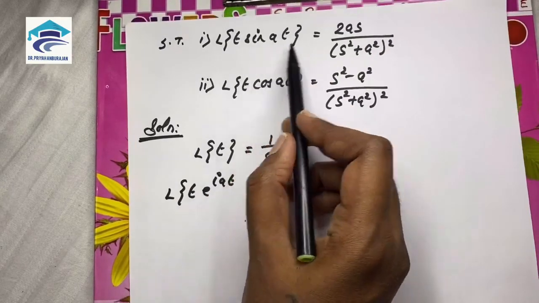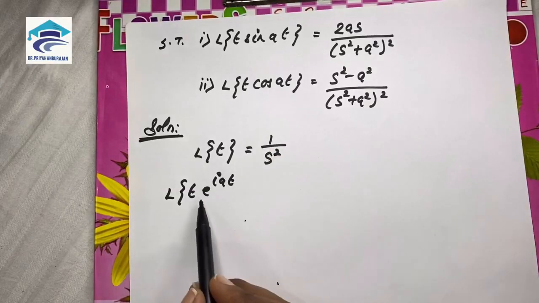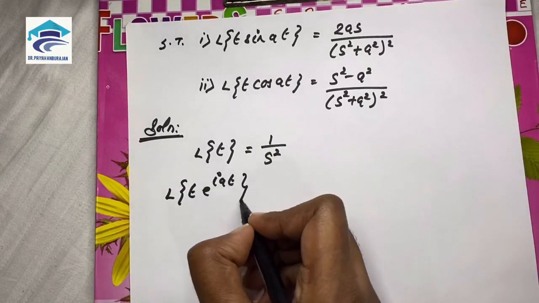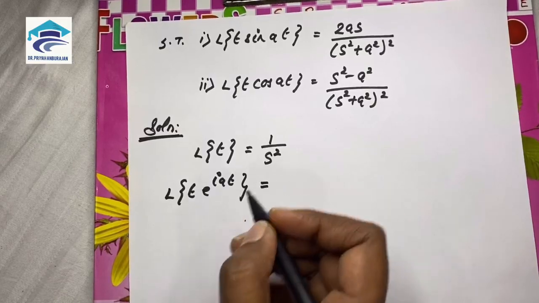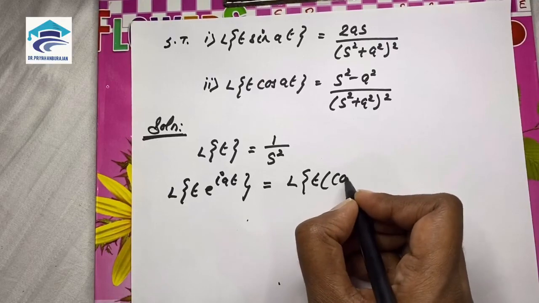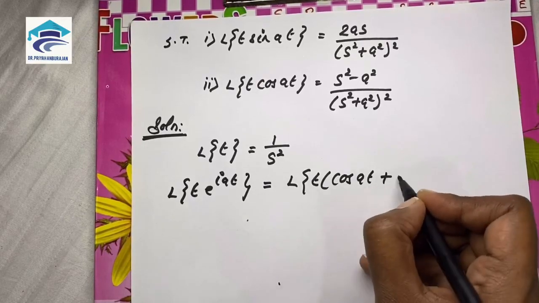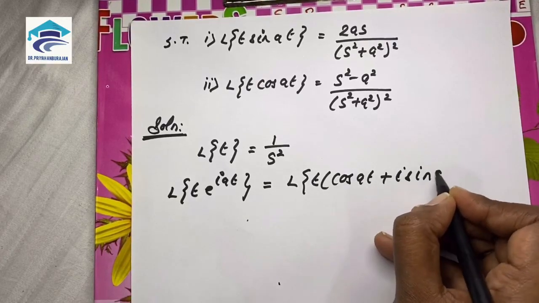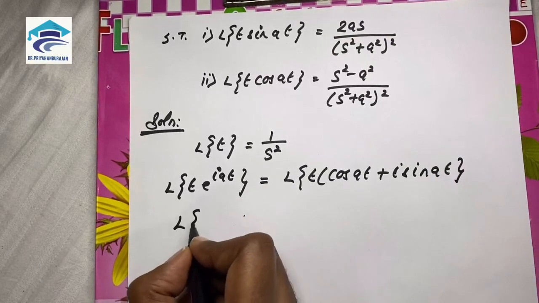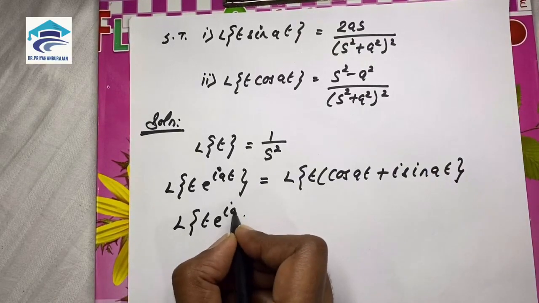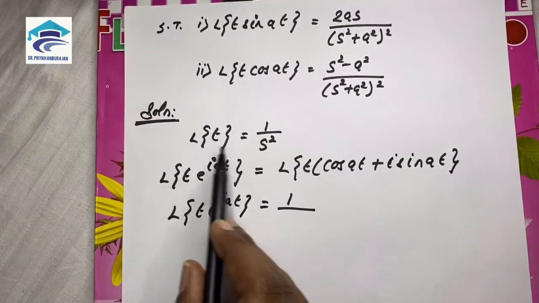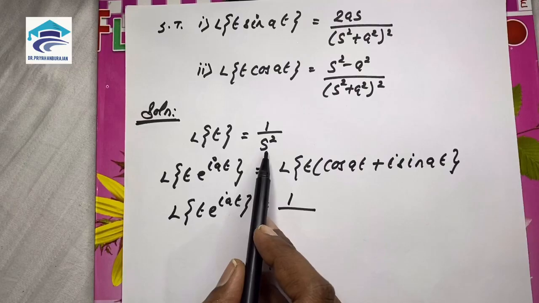So here it is sin at, cos at, so I am going to use the exponential of iat. This is L of t into (cos at plus i sin at). So L of t e power iat is equal to, since L of t is 1 by s squared, let me use the first shifting theorem.